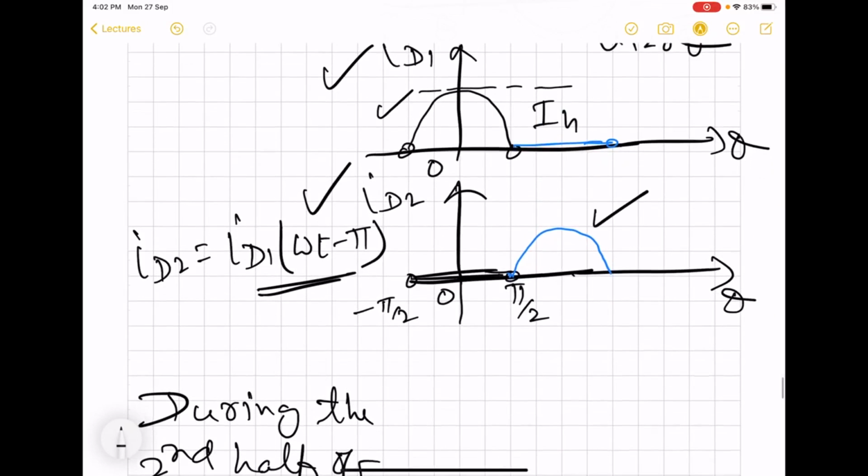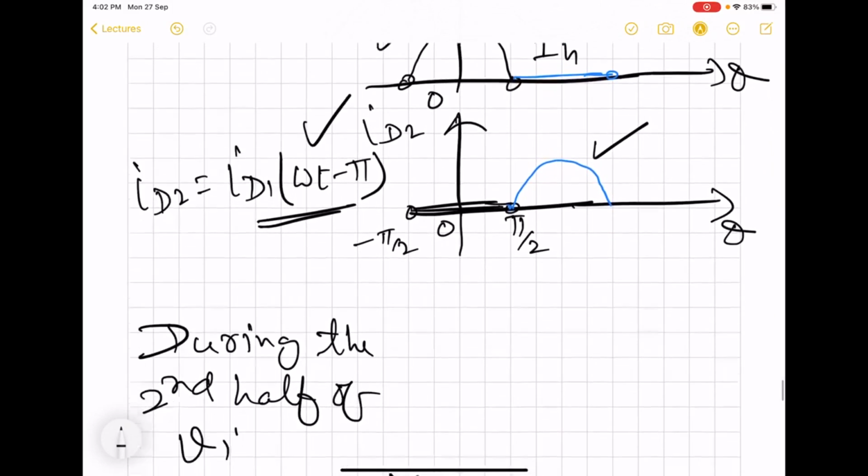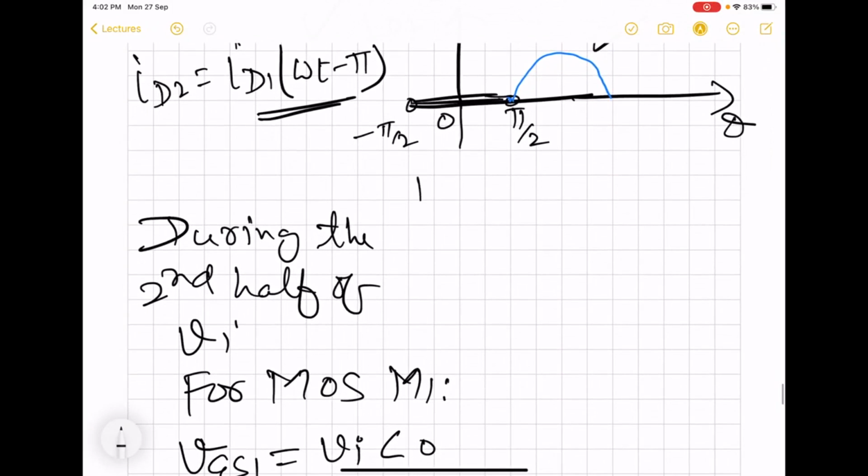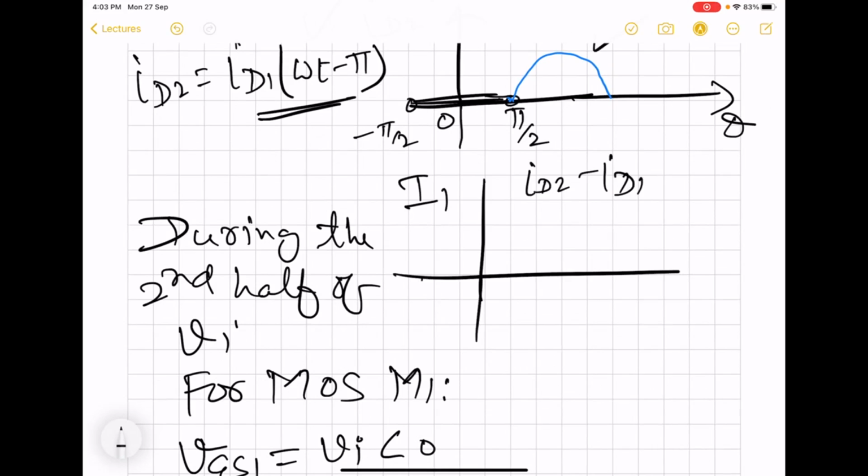So on the whole, I1, which we calculated, was actually ID2 minus ID1. So this is what we will be getting through the load.